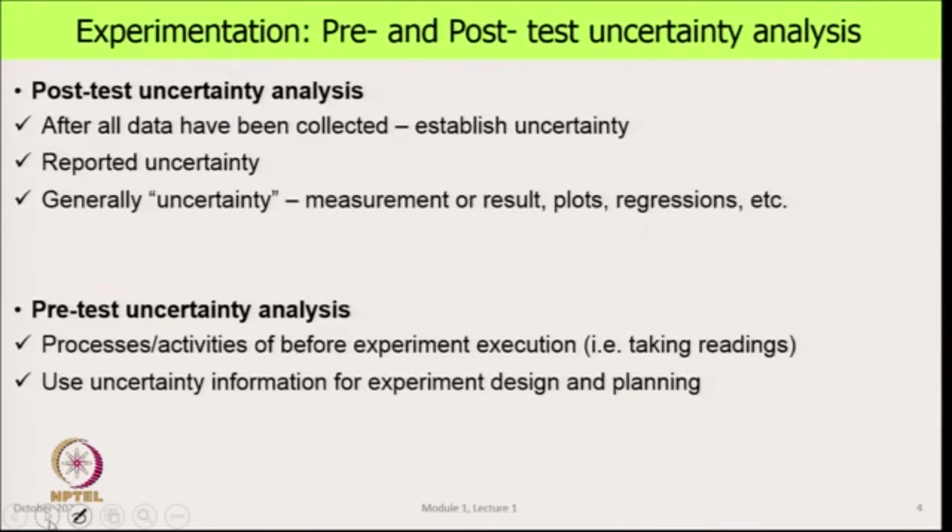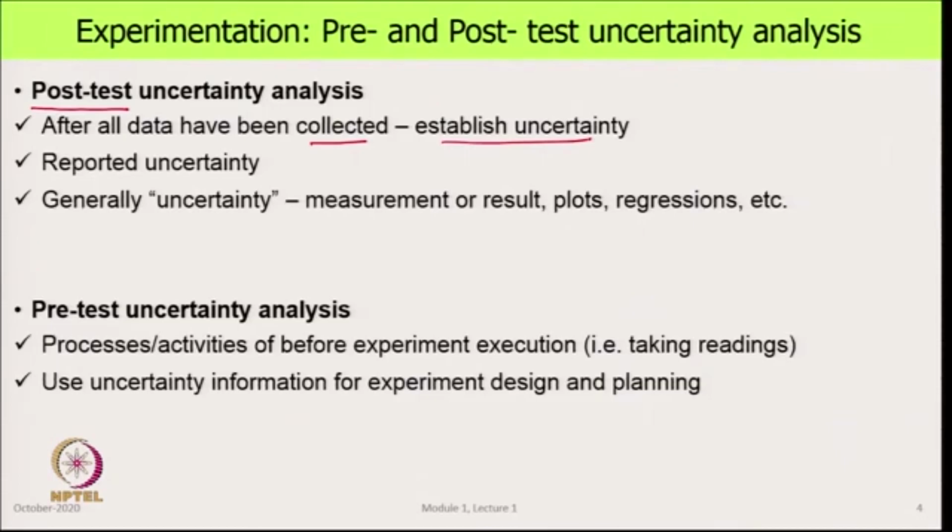Now, in that sequence, where does uncertainty analysis come in? And there are two stages in which uncertainty analysis comes in. First is what we generally know as post-test uncertainty analysis, which means that all the data have been collected and now we establish the uncertainty.